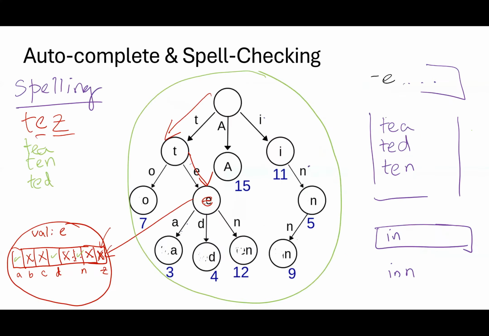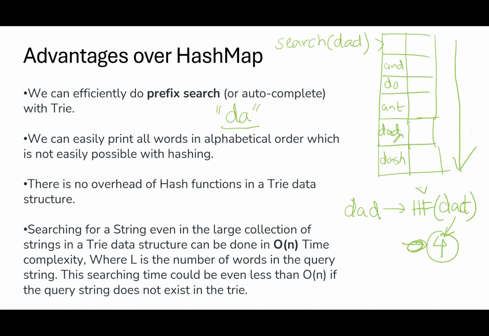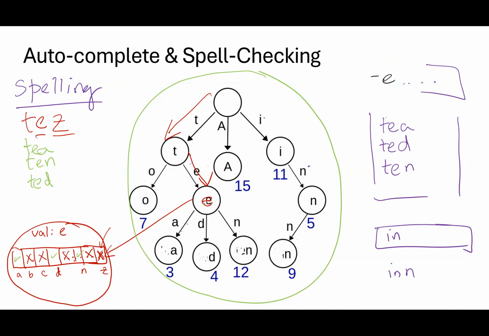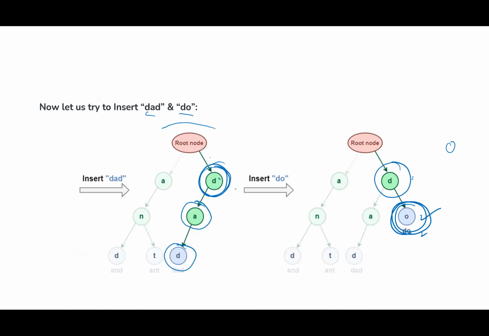So that's one example, an advantage of trie over hash map. We can efficiently do prefix search. Not only that, we can easily print all words in alphabetical order. So this is another one. You see, in a trie, if you print it, it will be in alphabetical order, right?